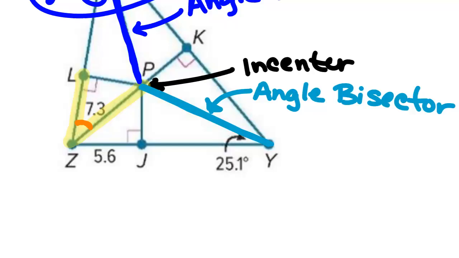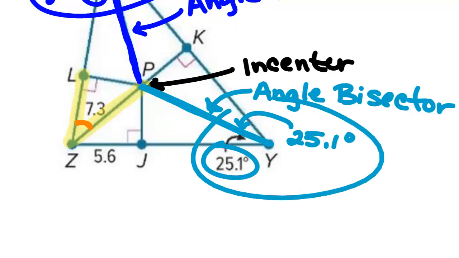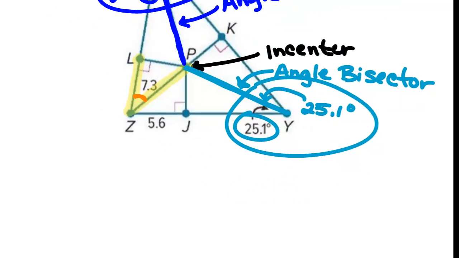So if this little angle down here is 25.1 degrees, how big is this little angle right here? 25.1 degrees. So how big is the whole big angle down here? 50.2. We add those two little angles together.